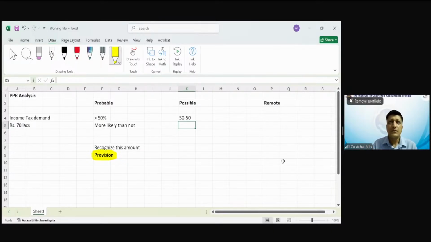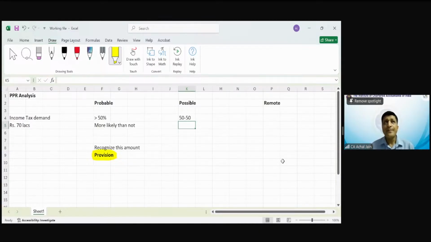Okay. So the consultant will say, as of now, we are not sure. So there's a 50-50% chance. You may lose, you may win. So he's not saying that you lose. At the same time, he is not saying that we are sure that we are going to win. So that is what you call a situation of possible. Okay.